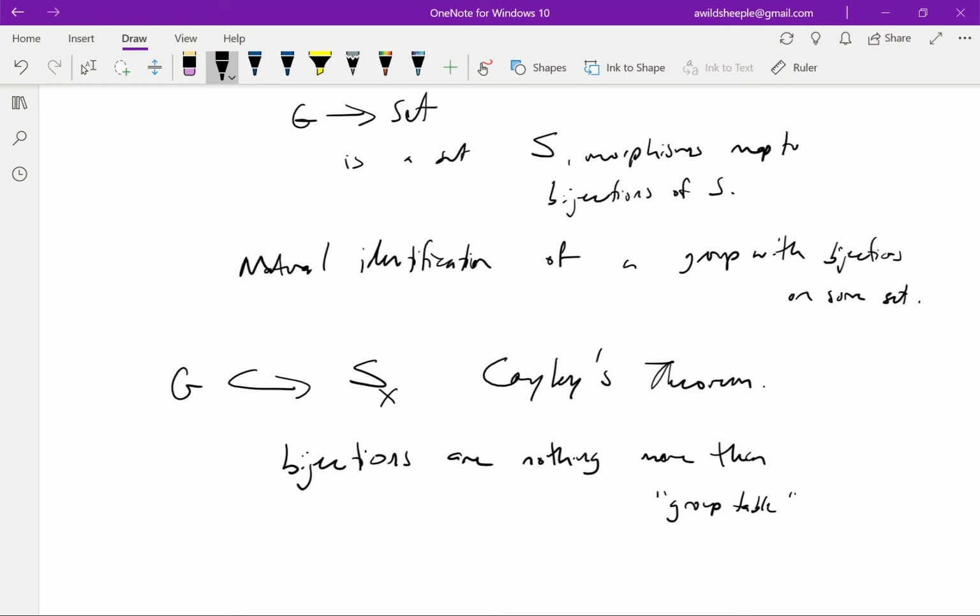And if I take some bigger set, well, then it doesn't really matter because the bijections will still compose according to the group law because we have this functoriality. And so whether or not it's literally the group table or just behaving the same as the group table is maybe a question for someone with more knowledge of this than me. To me, this sounds like this is exactly Cayley's theorem.